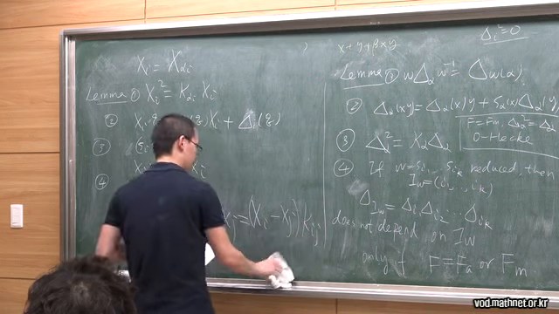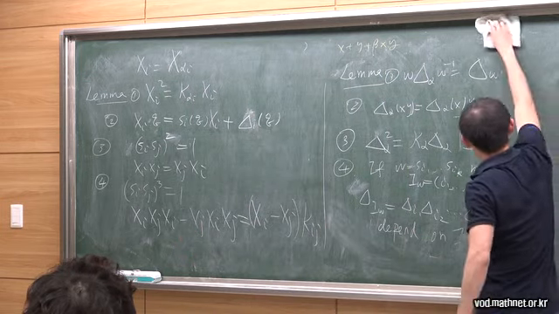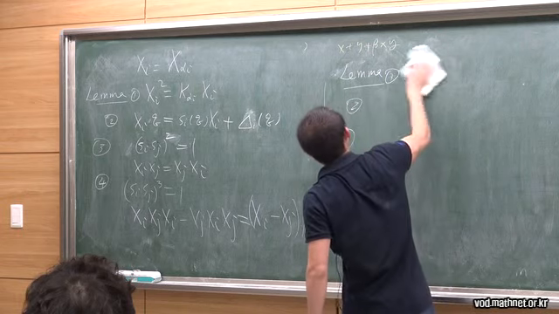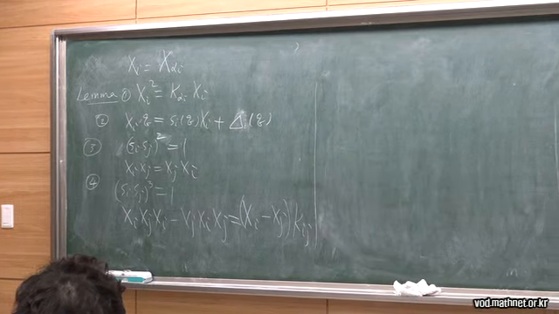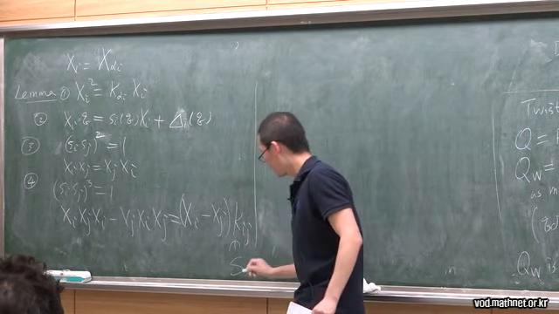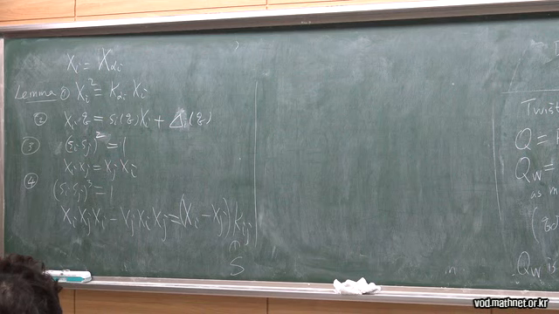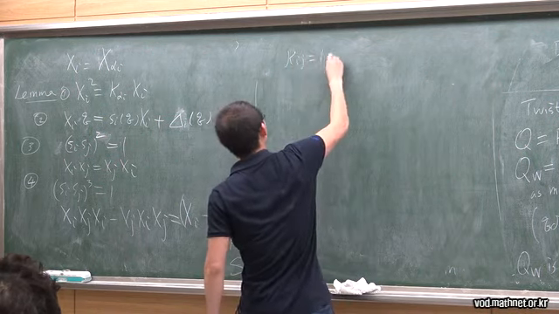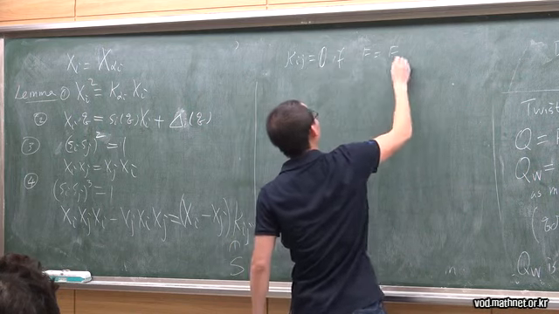Here I will be a little sloppy because it's technical and it does not really impact anything I'm going to say. So I just put it this way: kappa ij. Kappa ij are certain elements in S.